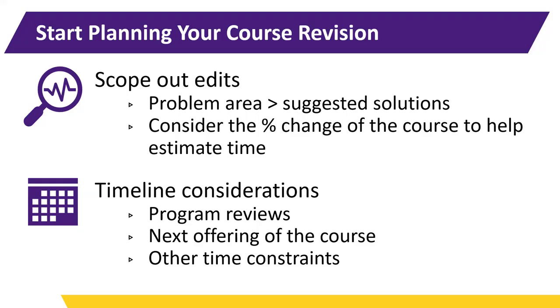Other time constraints, of course, maybe you have research that you need to attend to, or other personal timing issues, or grant writing, or going to conferences and different things like that. So considering all those different time constraints, you want to triangulate those with the course or the program, and then again, work your way back and go from there.